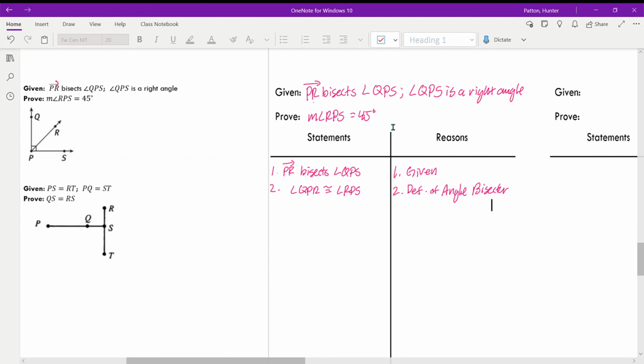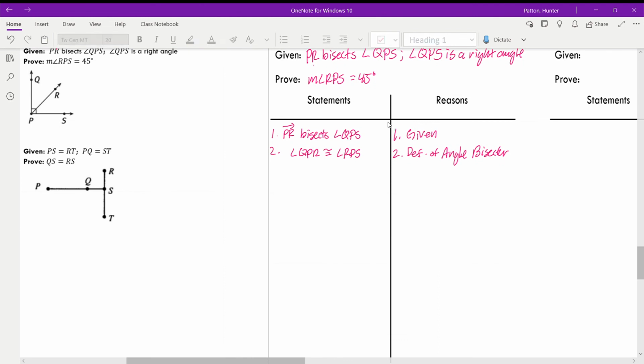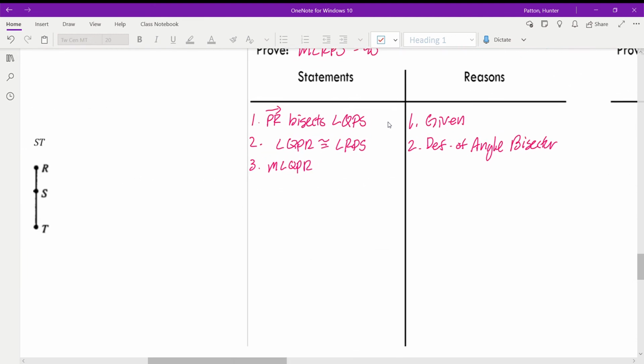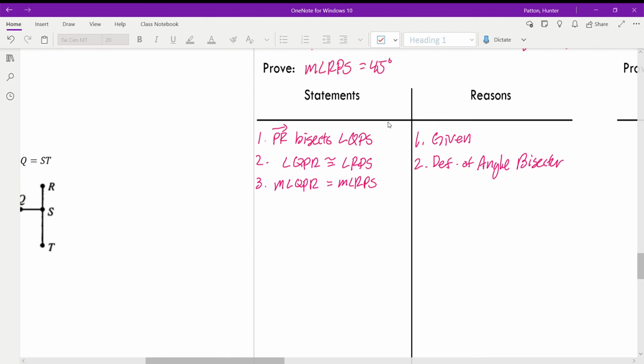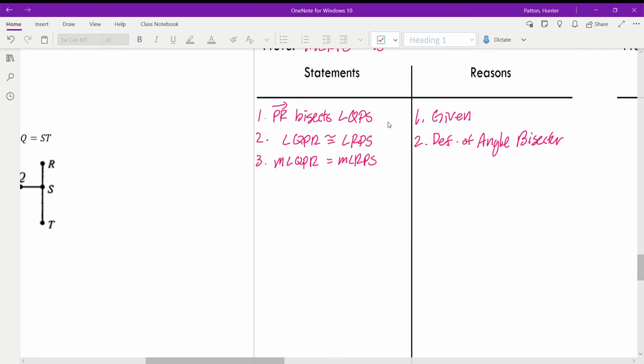Now, since our proof statement deals with the measures, we're going to go ahead and state that the measure of angle QPR is equal to the measure of angle RPS by the definition of congruent angles.